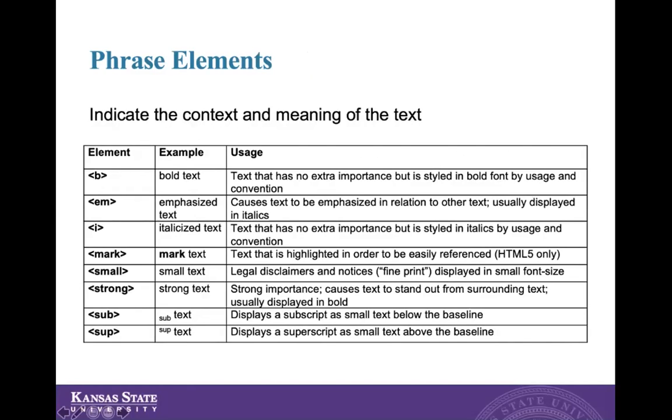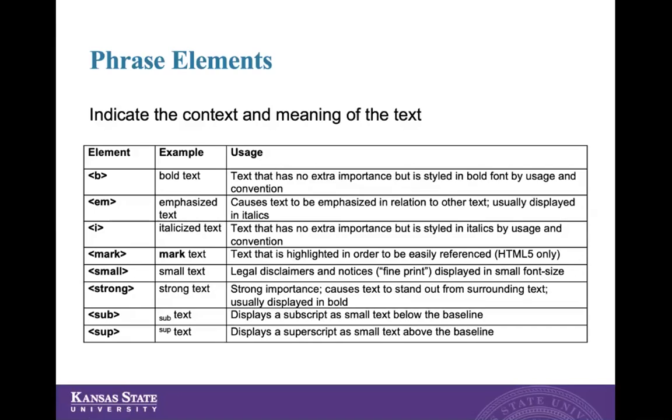Okay. Emphasized text is going to do kind of the same as italicized. The browser is usually going to display that text in italics. Again, same thing with the I, italicized.